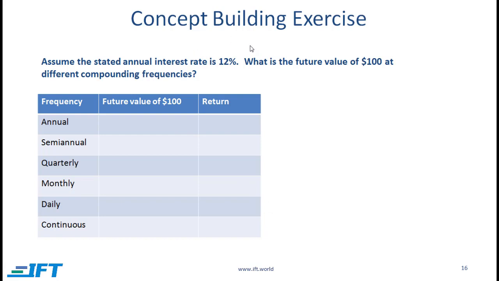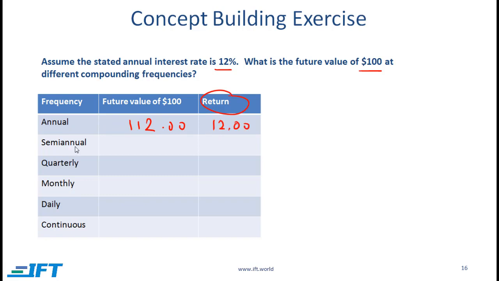Here is an important concept building exercise. Assume that the stated annual interest rate is 12%. What is the future value of $100 at different compounding frequencies? And then what is the corresponding return? I'll do the first one for you. If you have annual compounding, then at the end of 1 year, $100 must become 112, which means that the return is 12%.